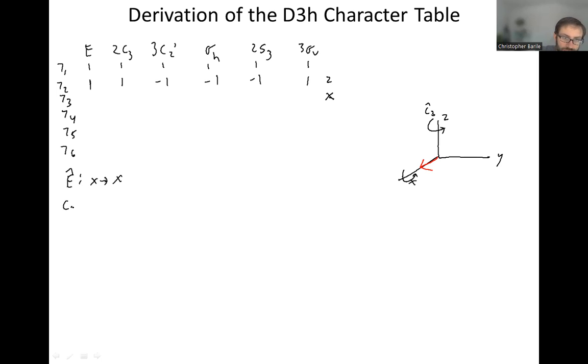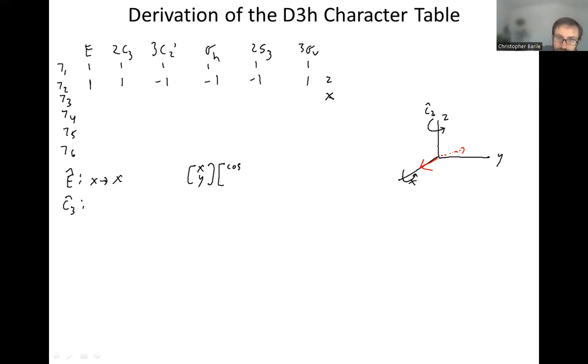Now let's do the C3. C3 is a 120-degree rotation. That's going to take x to about here, right? It's going to spin past the y, that'll be 90 degrees, to about there. That is going into some linear combination of x and y, and so we need to use the 2x2 rotation matrix. This comes from trigonometry.